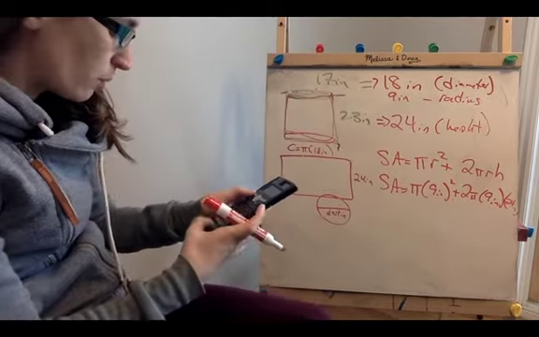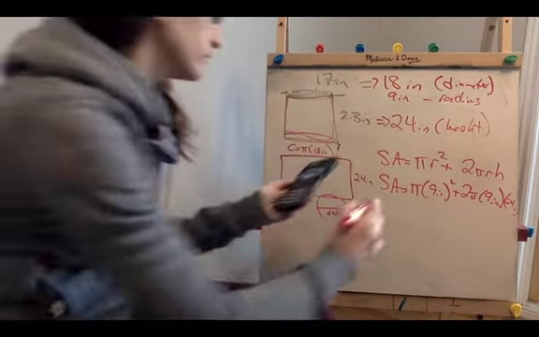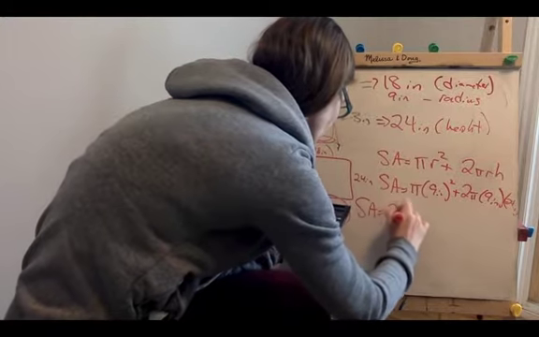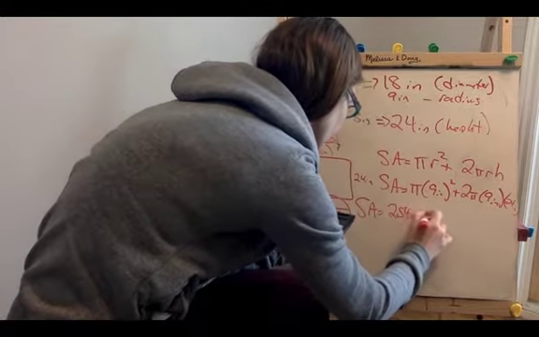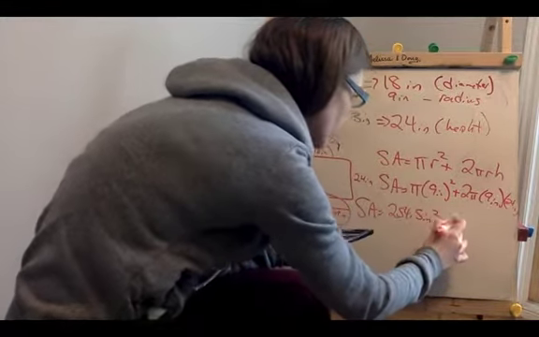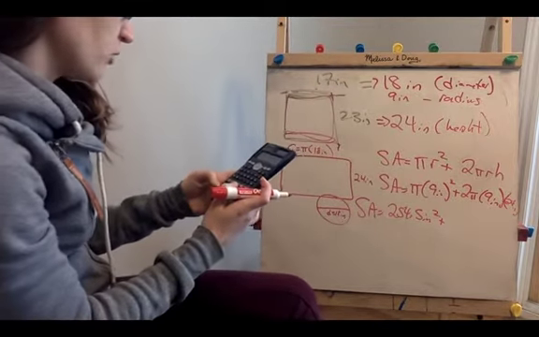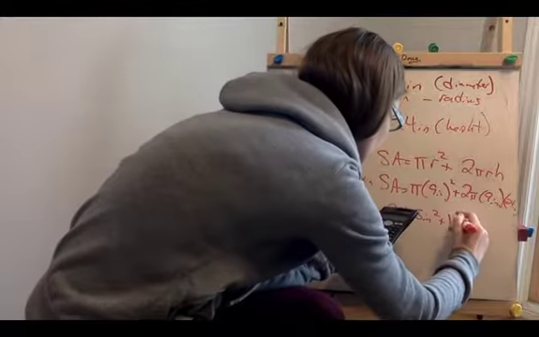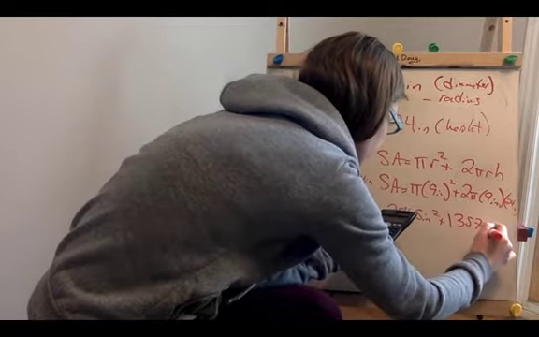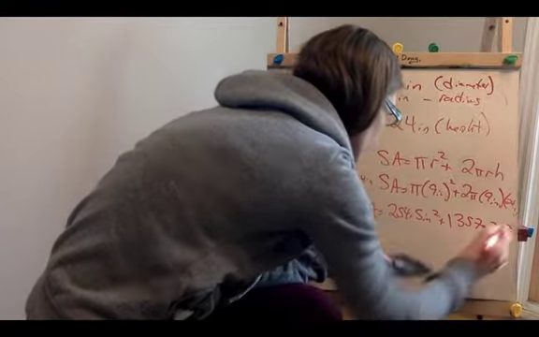Okay, so we can do pi times 9 squared. So that's 254.5 square inches. And then the lateral part, 2 times pi times 9 times 24, that's 1357.2 square inches.